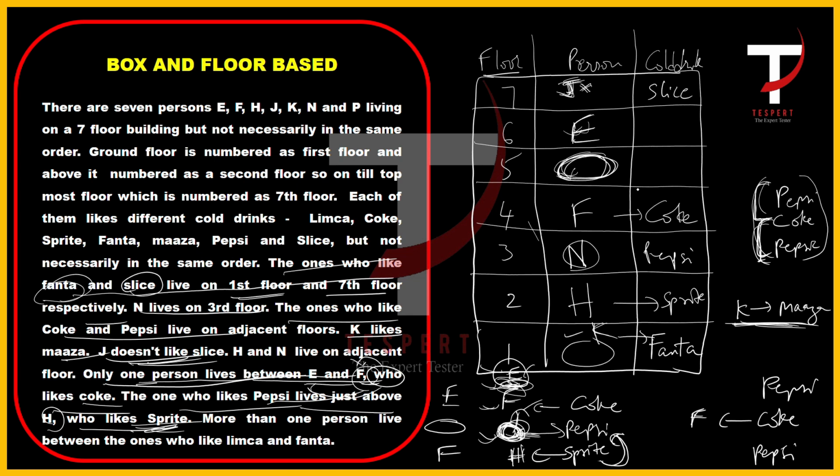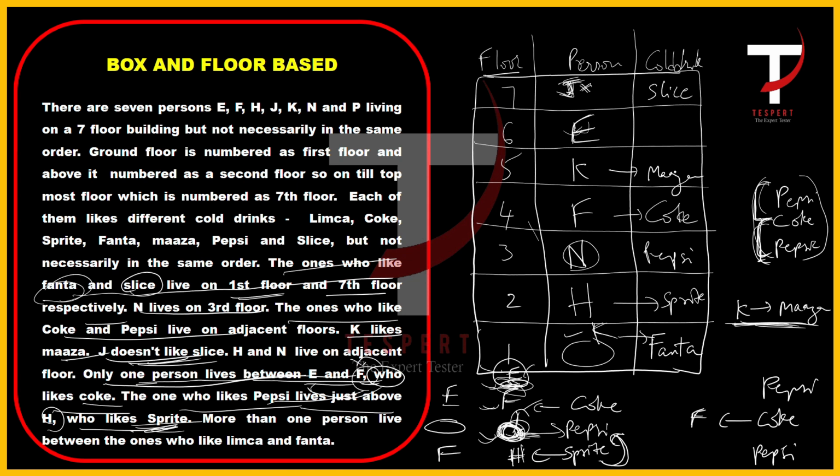So the only place where we can insert K and Mazza is the fifth floor, right? So K comes on the fifth floor. K likes Mazza.